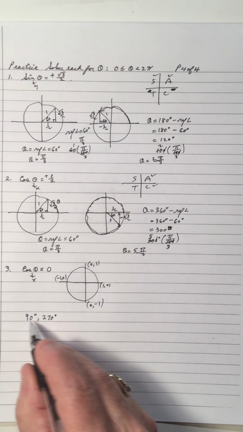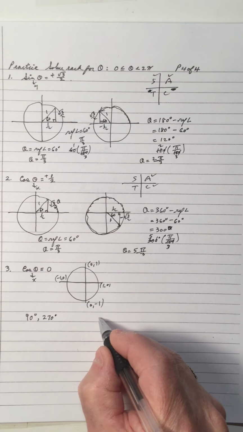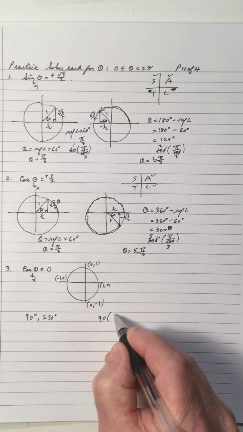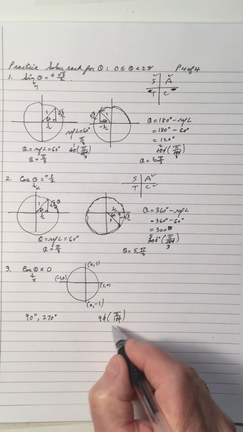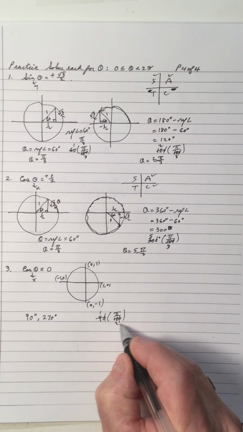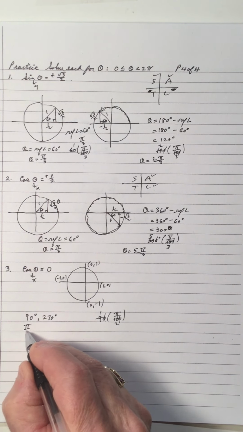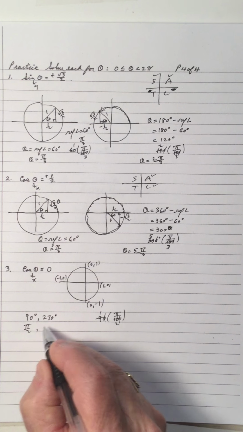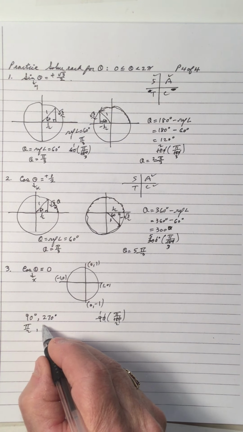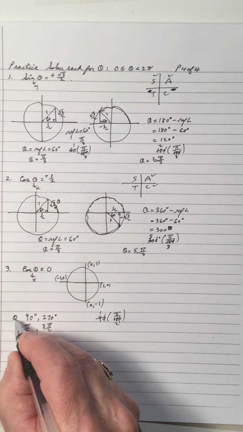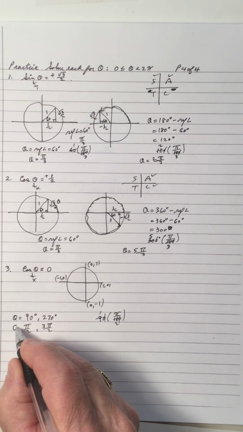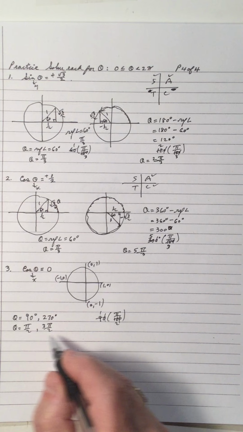And 90 is 90 times pi over 180. Zeros cancel. 9 and 9 goes once, 2. So 90 is pi over 2. And there's 3 90s there, so there's 3 times pi over 2. So theta in degrees is 90, 270. Theta in radians is pi over 2 or 3 pi over 2.